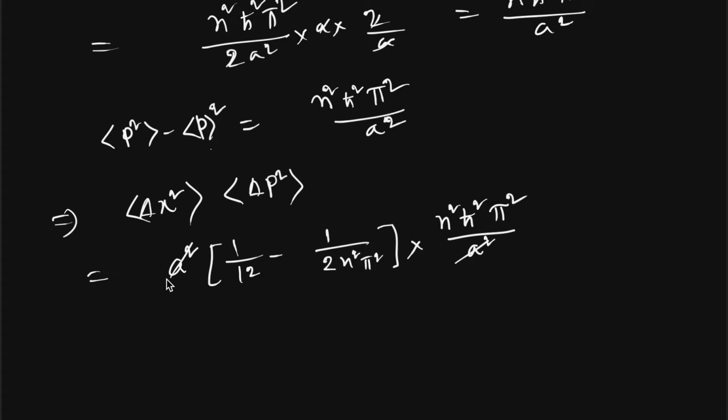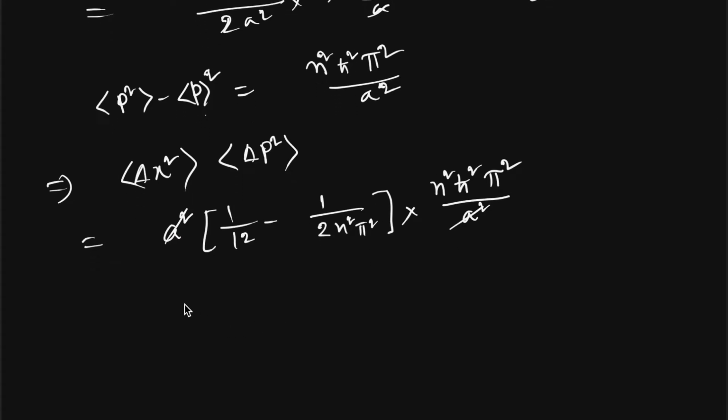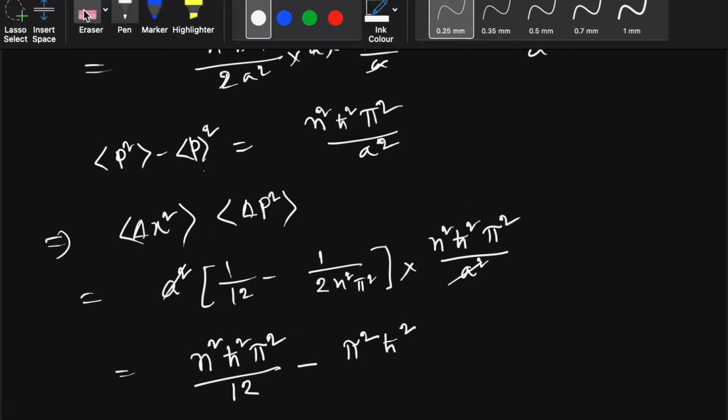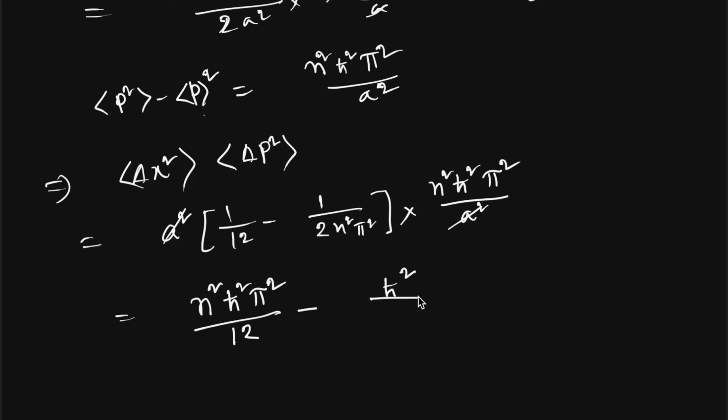That means the uncertainty delta x square delta p square will be n square h cut square pi square by 12 minus, sorry, there will be no pi square, n square pi square h cut square by 2.